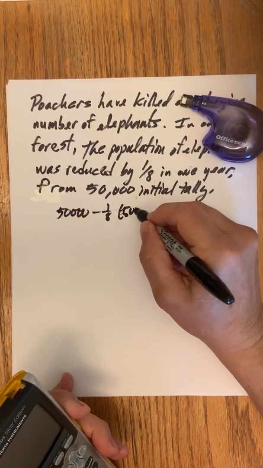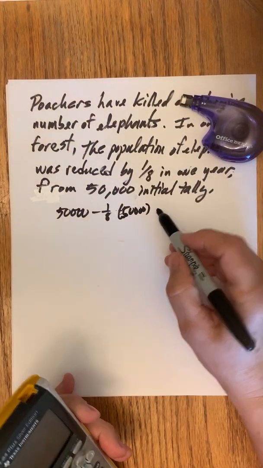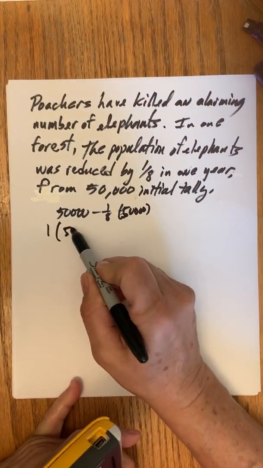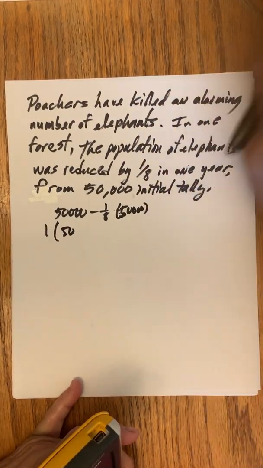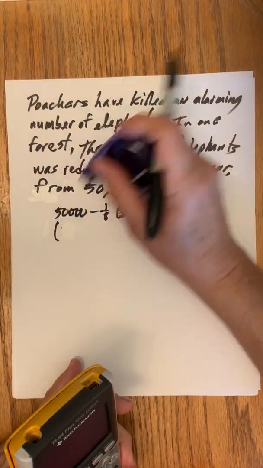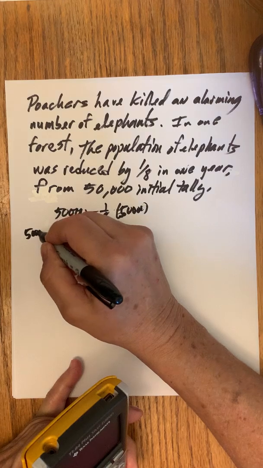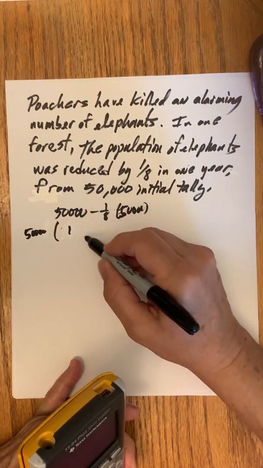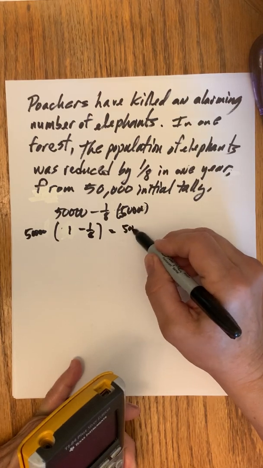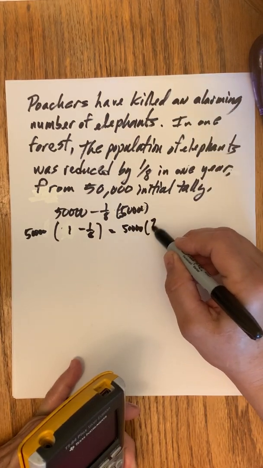You could do it that way, but actually, this is like 1 times 50,000. I'm actually supposed to factor out 50,000, and you're left with times 1 minus an eighth. So really what you have is 50,000 times 7/8.